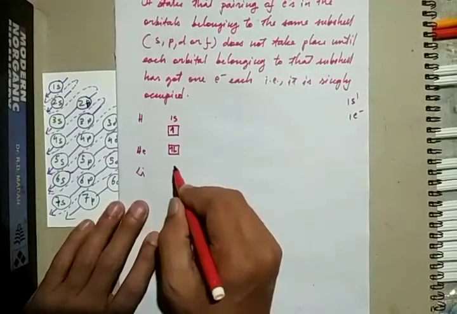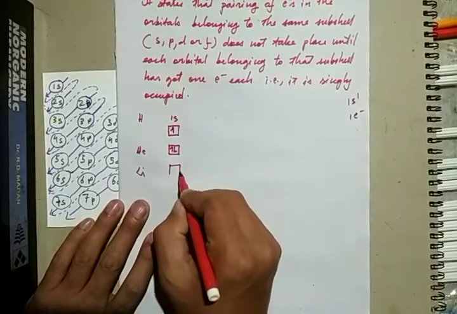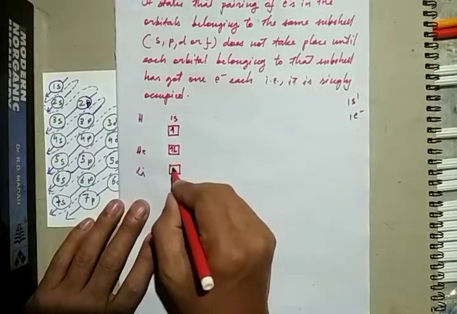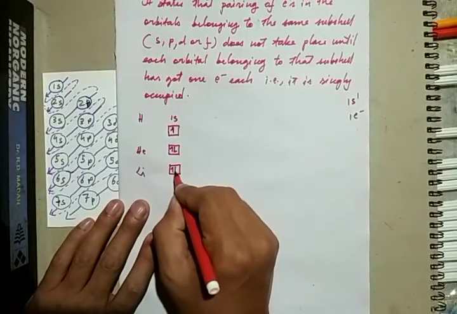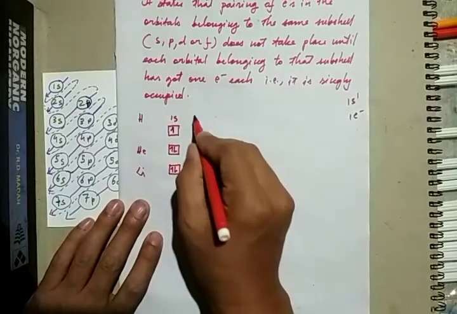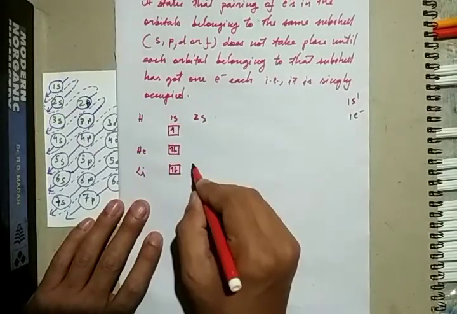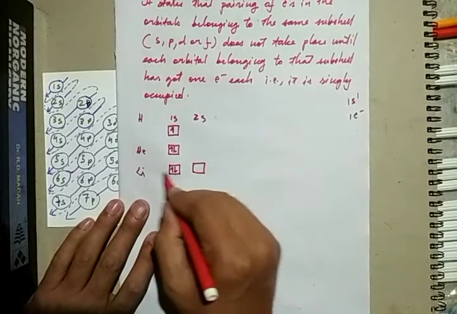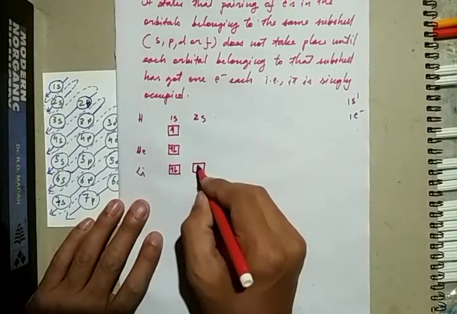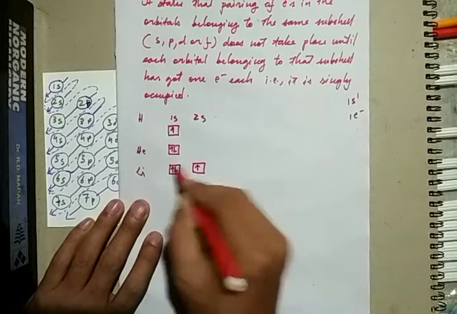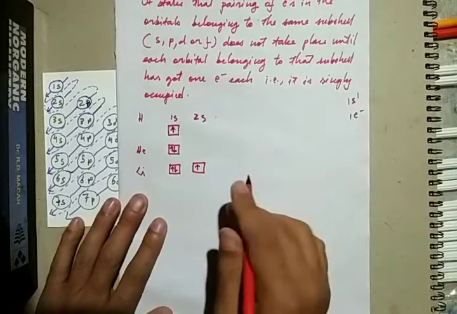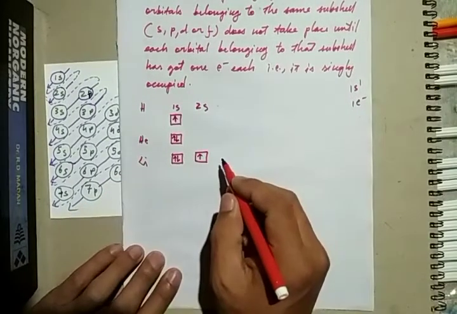Next one, lithium, atomic number 3. First this subshell will be filled, first singly, and then after that pairing will take place, like this. After the 1s orbital, what comes is the 2s orbital. For lithium, the 2s orbital will come, so it has 3 electrons, so 1 electron will come here, one arrow pointing outward.